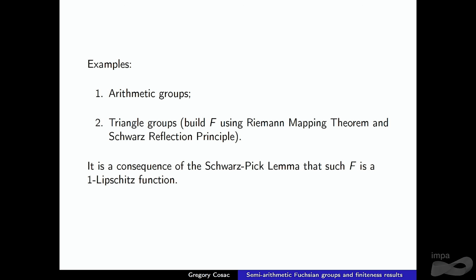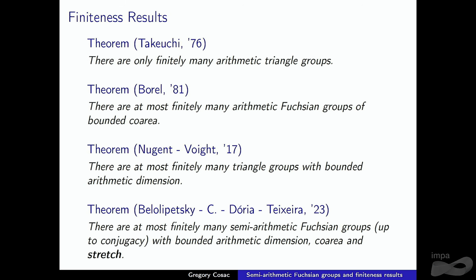So in the finiteness results here, since Takeuchi was only looking at triangle groups, these groups had bounded stretch because they admit a modular embedding, and every triangle group has co-area bounded by 2 pi, right?